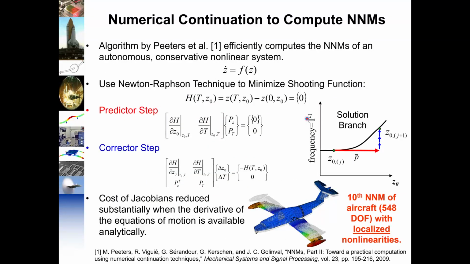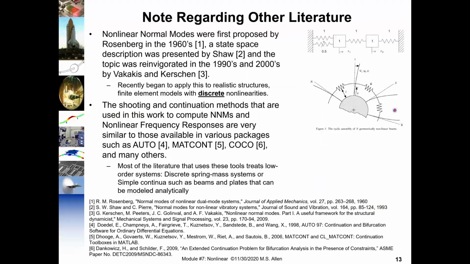How do we compute NNMs? I don't want to go into the detail, but we basically solve for the steady state response numerically at a certain amplitude, and then we can make a guess where the next solution might be and apply corrections, and we can basically find a branch of solutions. I won't go into the details.